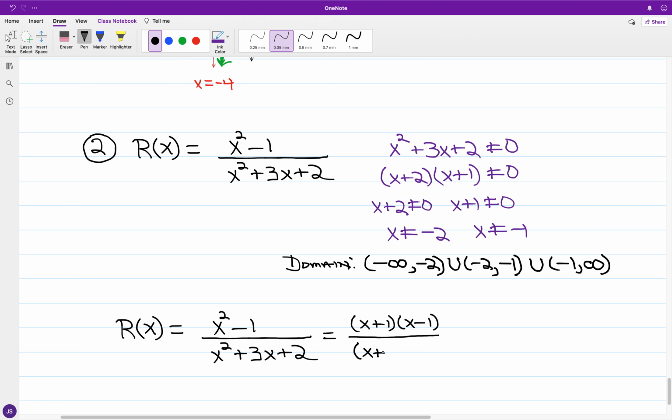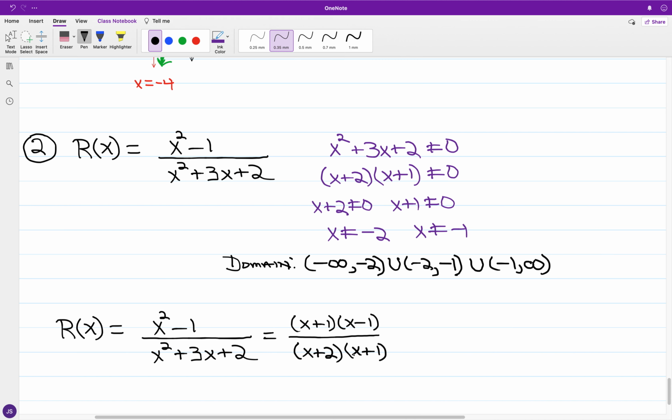And for the factorization of x squared plus 3x plus 2, I have the quantity x plus 2 times the quantity x plus 1. And guess what? We have a common factor between the x plus 1s.